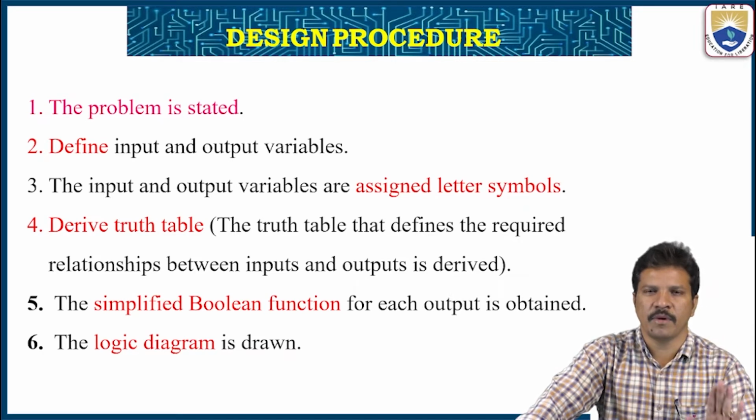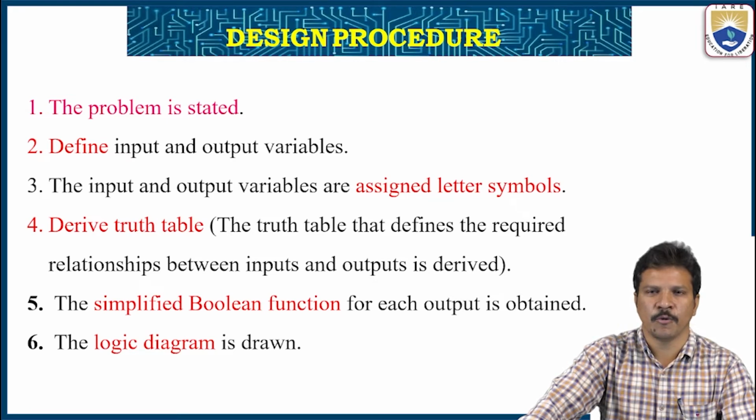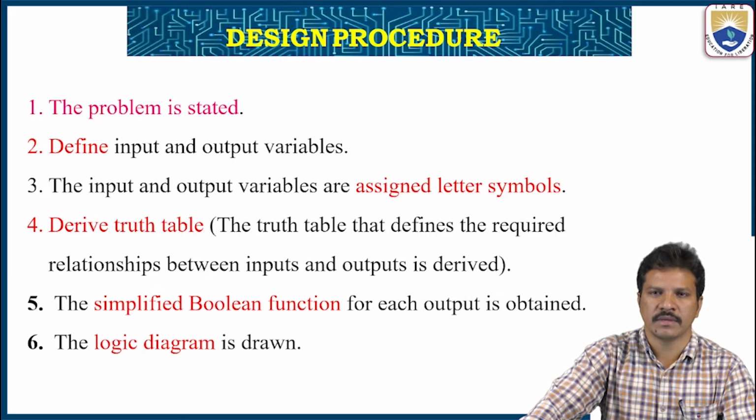In this table, there are input columns and output columns. Output columns may be one or more. Sometimes it requires one output column in the truth table, sometimes more than one.